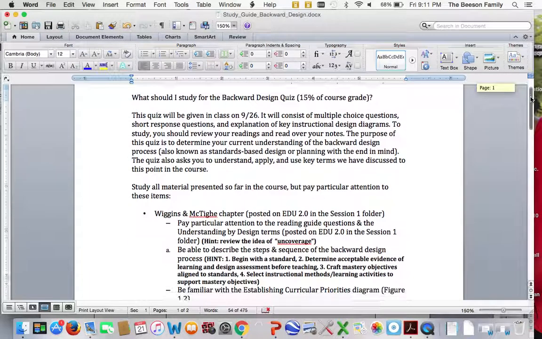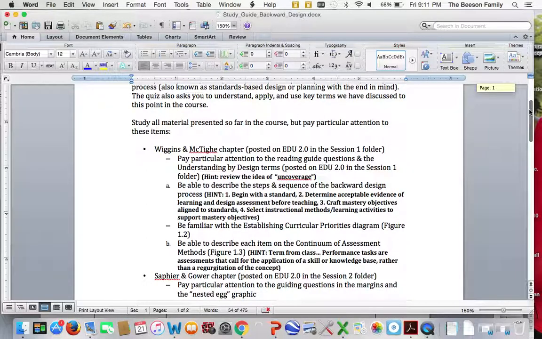So the study guide that I posted last week walks you through the components of the test. So there isn't anything on the test that's not also on here. Because I think I told you in class, I'm not trying to trick you or get you. I really want to know that you understand backward design and some of the concepts that we've discussed in class already.